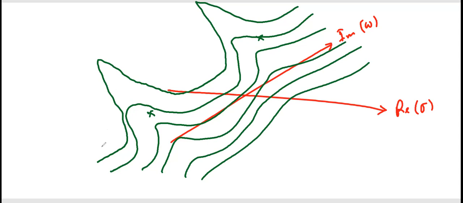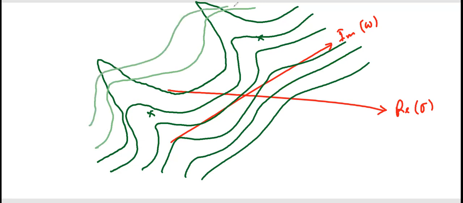So for a particular value of alpha and omega, you get a very high peak, very close to infinite.